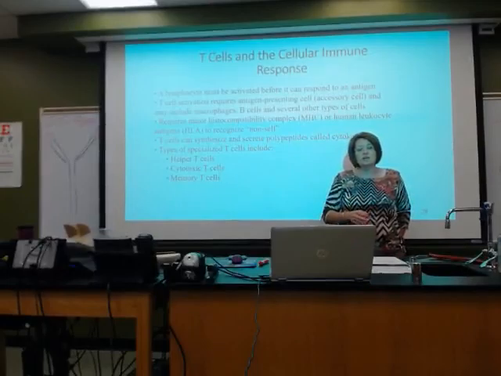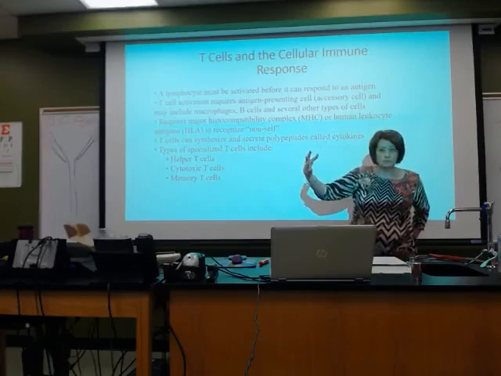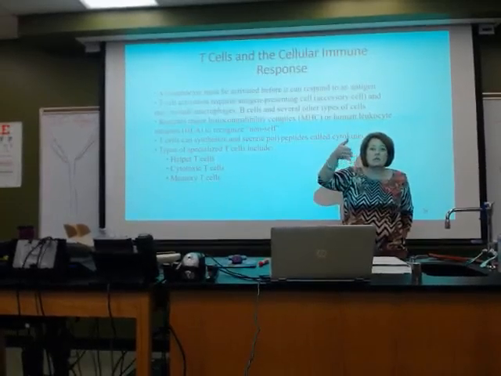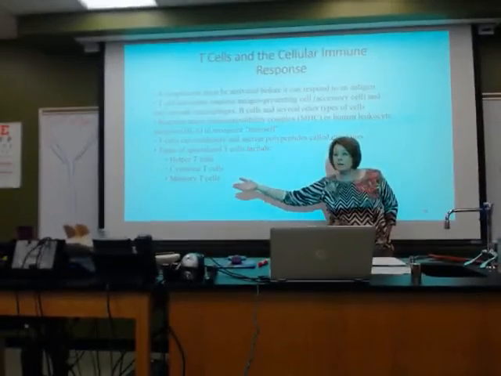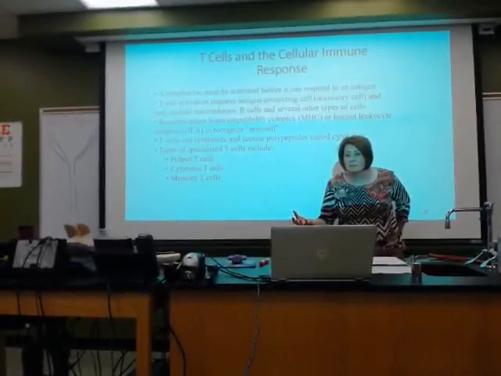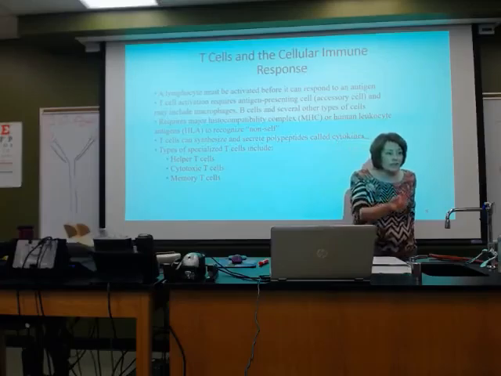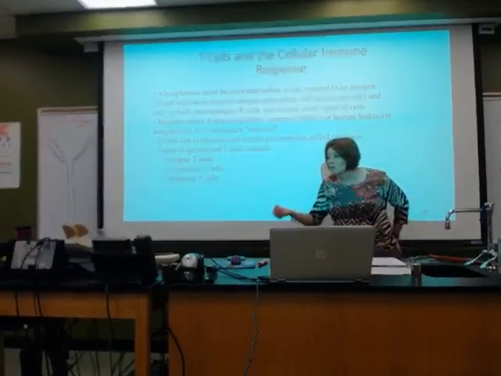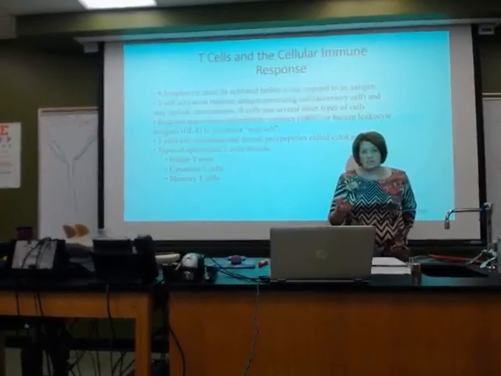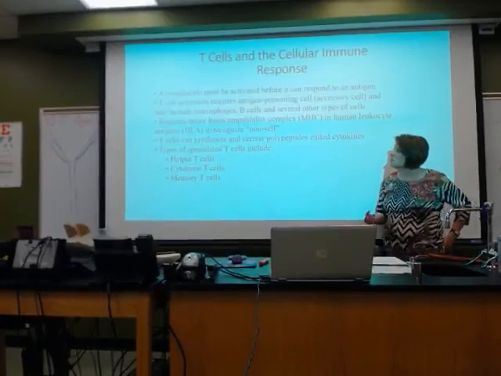So this lymphocyte, the T cell, this one, the cellular immune response, because it's working with the T cell. Does that make sense? Because the T cell is found in the lymph node, and we're working against just that T cell. All right? So this is that cellular immune response.